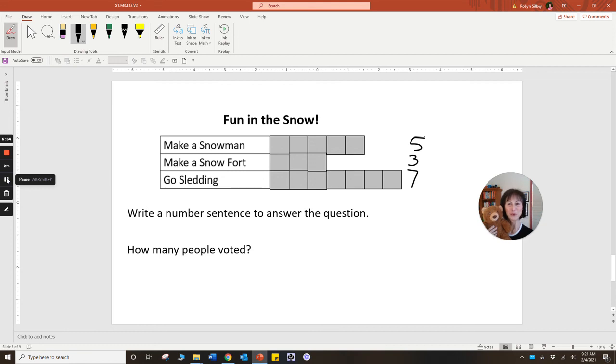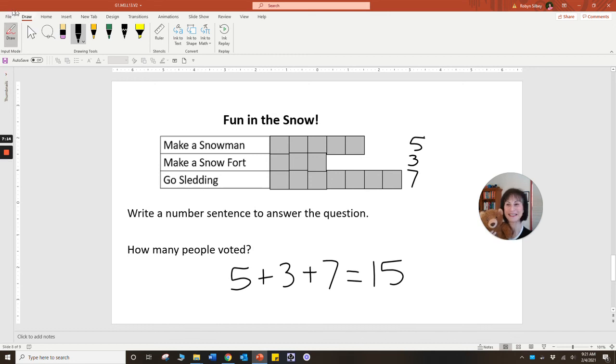Let's see what you did. I added 5, that's the number of people that made a snowman, plus 3, the number of people that made a snow fort, plus 7, that's the number of people that went sledding. And altogether, there were 15 people that voted in all.